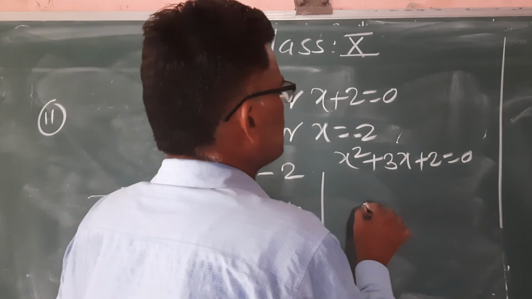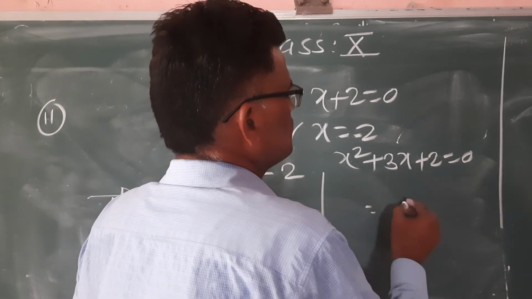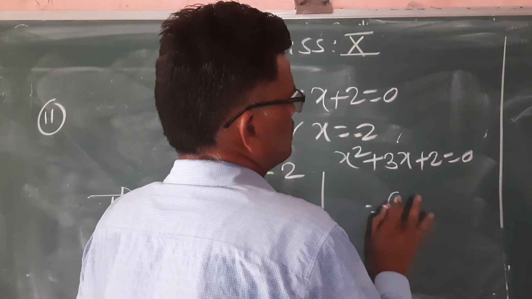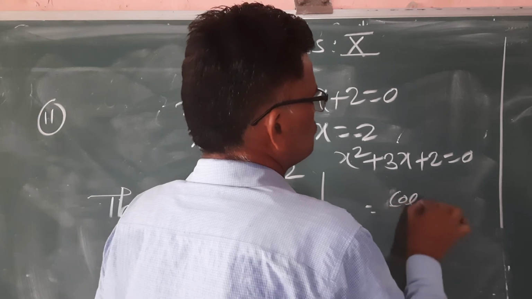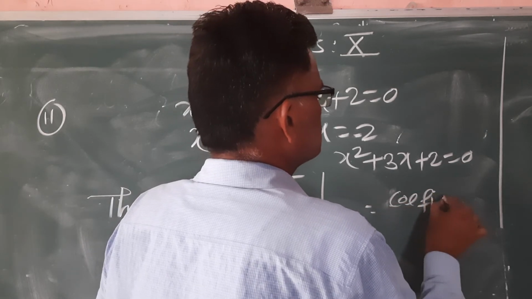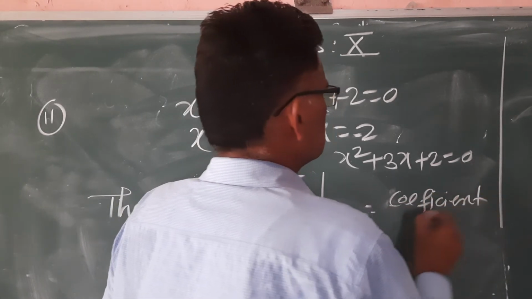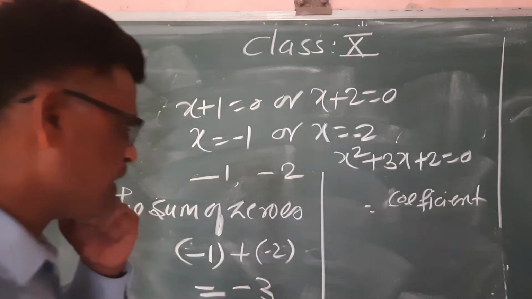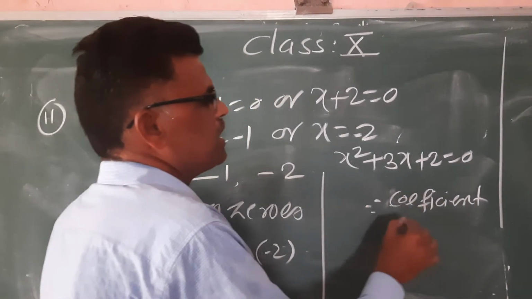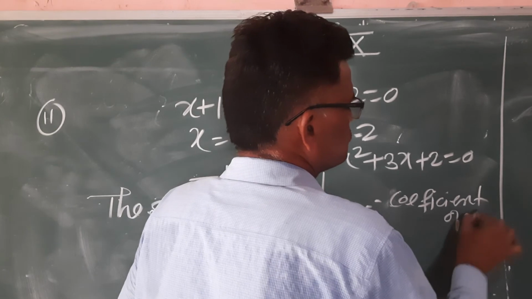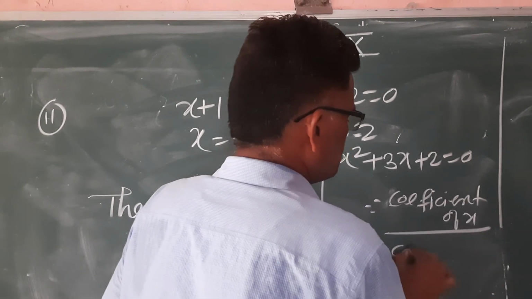Therefore, we can write minus of the coefficient of x divided by the coefficient of x square.